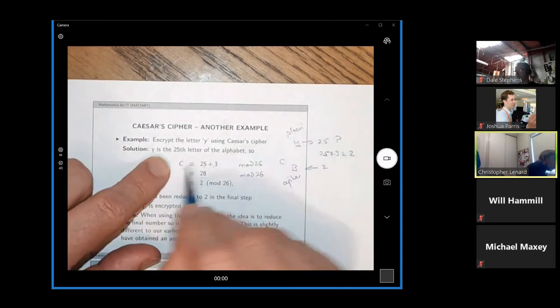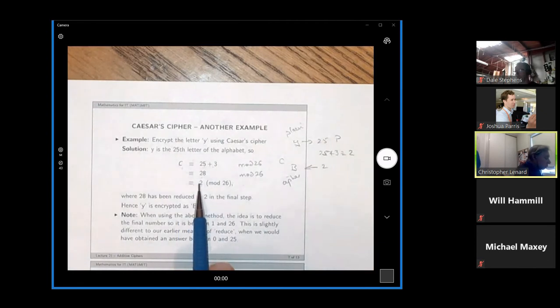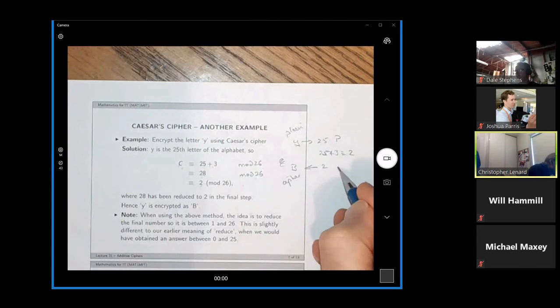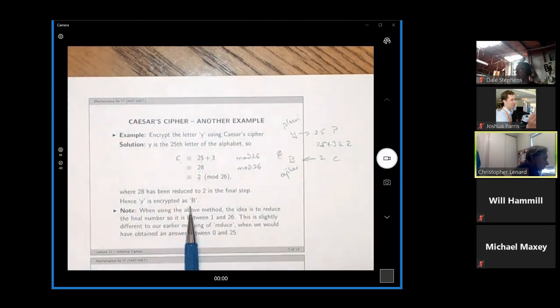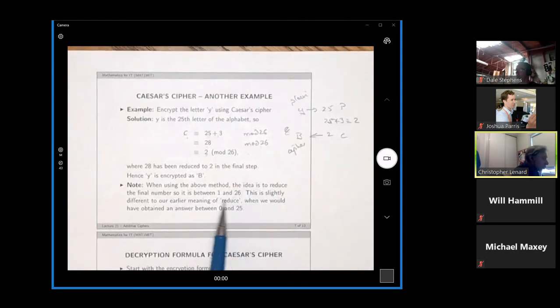This C is a number, but that B is an actual character. C is number 2. What's the second letter of the alphabet? B. So Y gets encrypted to B. So basically, you're just reducing the final number, so it's between 1 and 26.